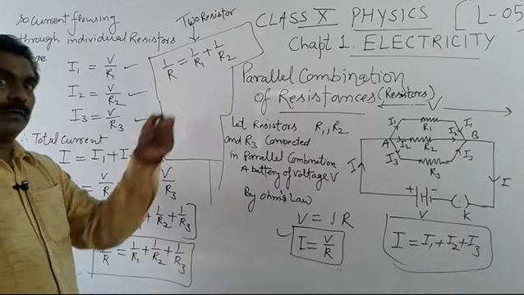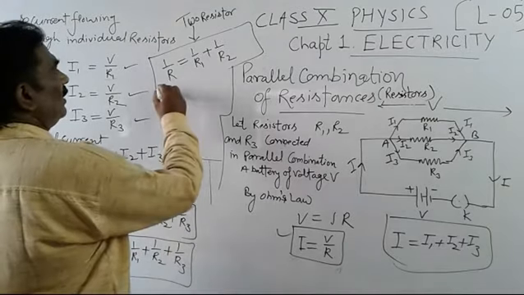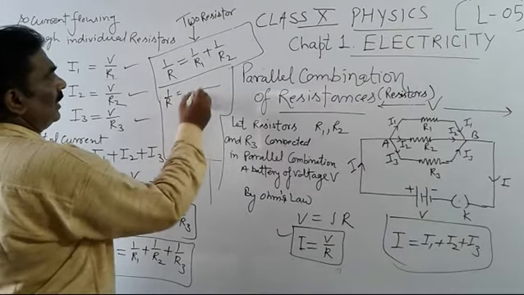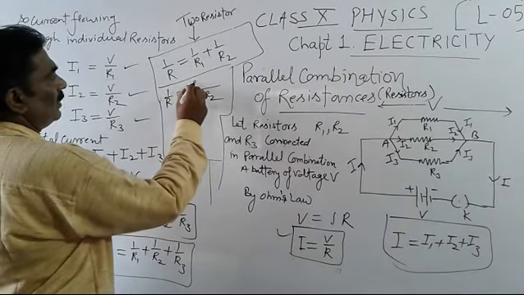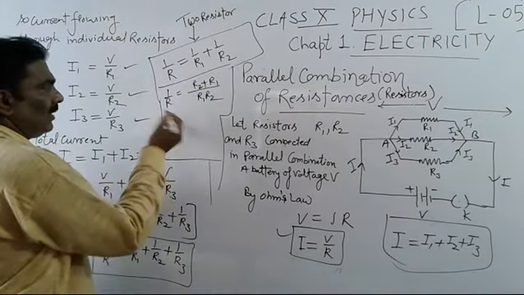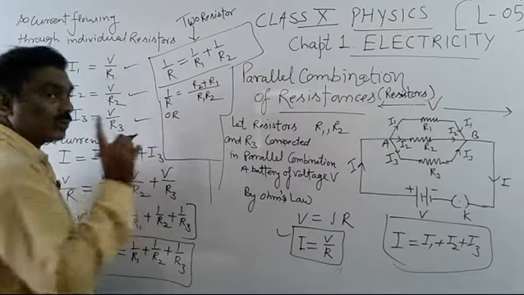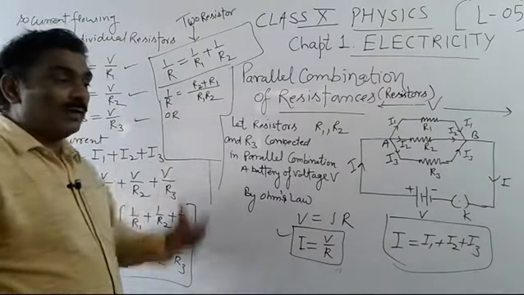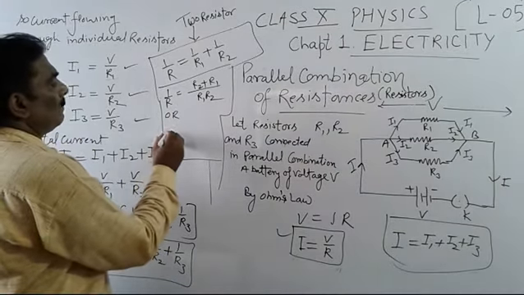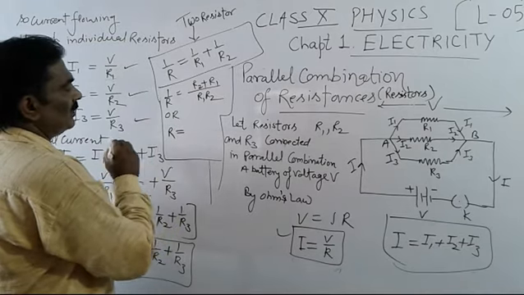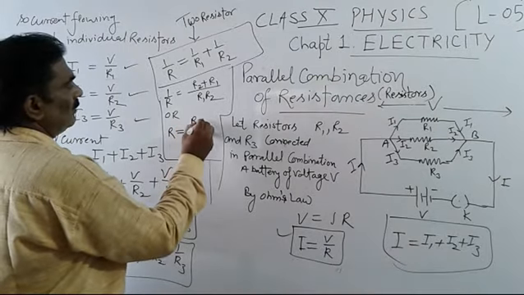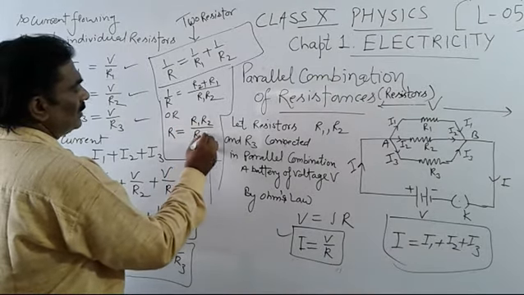Now we are talking about when 2 resistors are there, then your formula will be this, but this can also be written as 1 upon R is equal to R1 plus R2 upon R1 R2, taking the LCM. Finally we can write the total, that is equivalent resistance, when two resistors are combined in parallel: capital R, meaning equivalent or total resistance, is equal to R1 into R2 upon R1 plus R2.